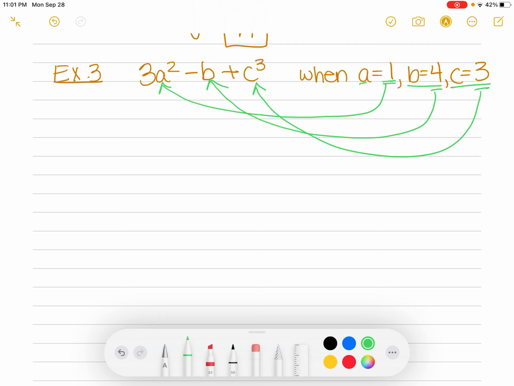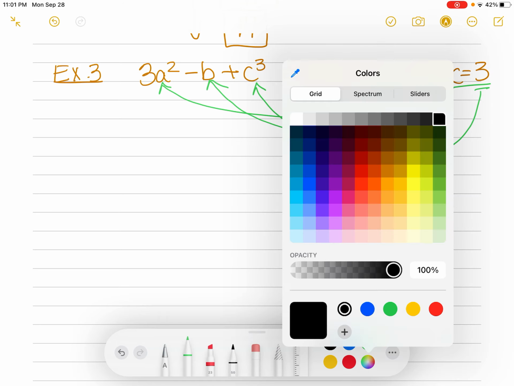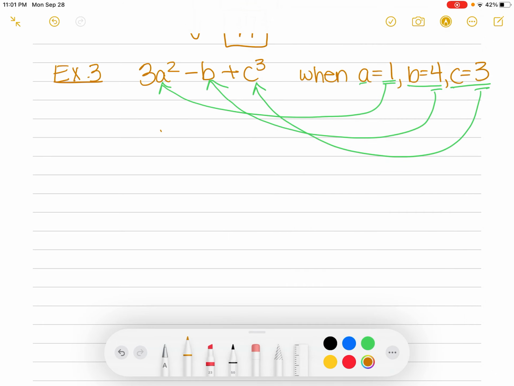Okay, now you should be back. Let me change back to my orange. And I'm going to do 3 times, because it's right next to the A, it's going to be times, right? 3 times 1 squared. Remember, A was 1, minus 4 plus 3 cubed. Okay, I got a lot of lines in there. Okay, now I'm going to use my order of operations.